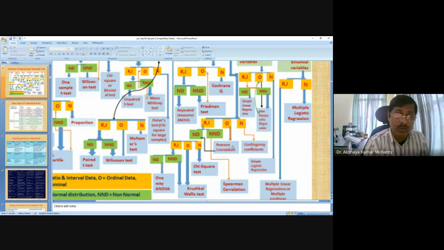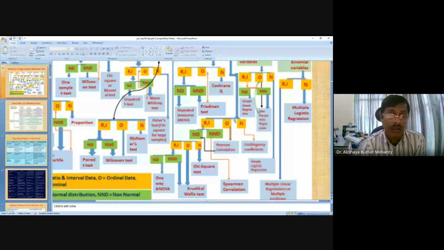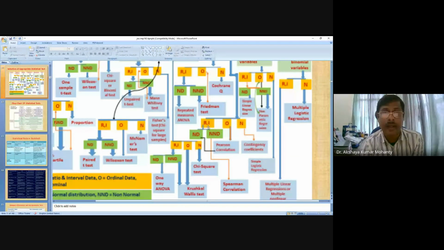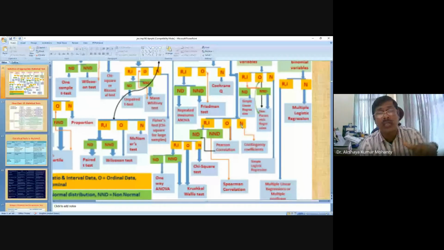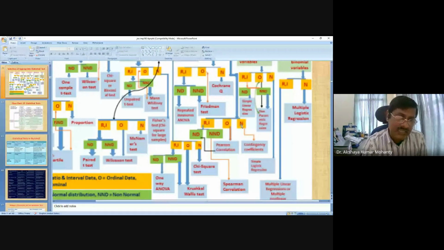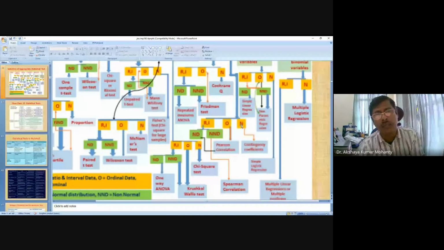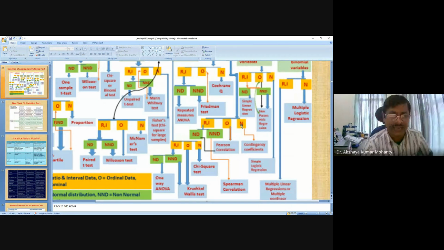It is the same thing coming in a different way. In this slide we are taking the help of the scales of data, whereas previously we were using the variable side. From the scale side you can decide, from the variable side also you can decide. So based upon that you can decide as per the rules.